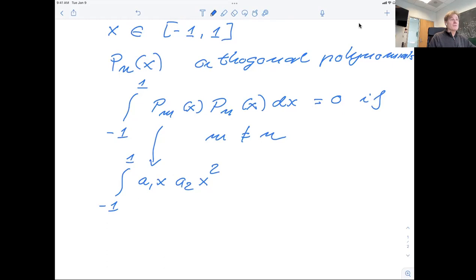So this is an example of a first order polynomial multiplied with a second order polynomial, and then we want to calculate the integral. This gives us simply a1 times a2, and then when we integrate this, we get 1 divided by 4, since we are missing a factor of 4 here, times x to the power of 4 from -1 to 1. And this is actually equal to 0. So this is a pretty simple example of such a polynomial.